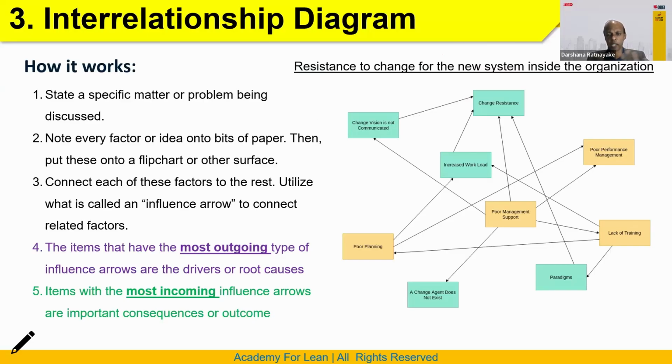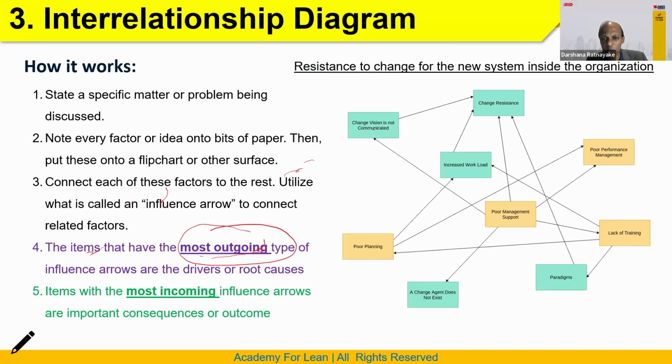Now number 4 and 5. Okay, let's say we have marked like this. Now, what is the interpretation of this one? That is the important thing, not the marking. Number 4: that is why I keep it in a separate color here. The item that has the most outgoing arrows. Which one has the most outgoing arrows? Can anyone tell?